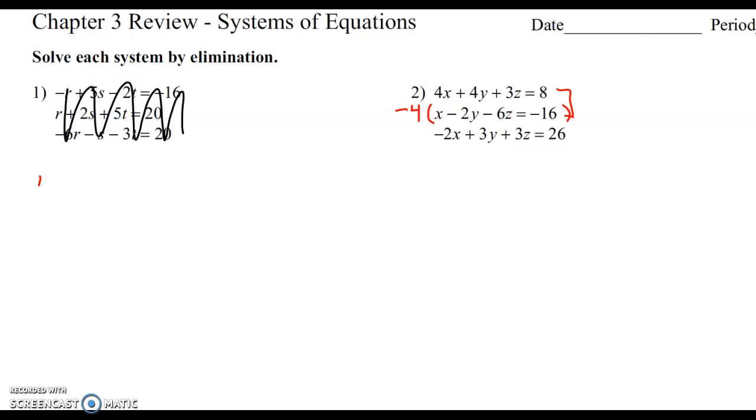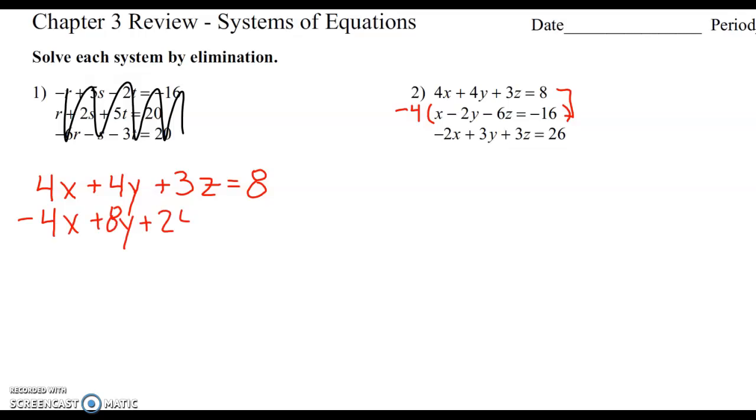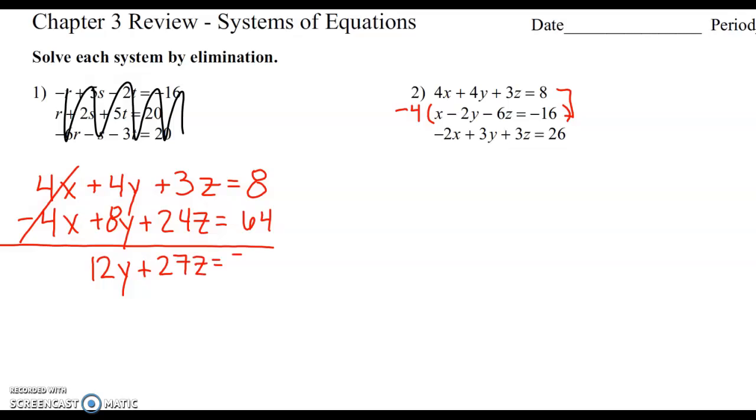So that keeps the first one: 4x plus 4y plus 3z equals 8. Second one becomes negative 4x plus 8y plus 24z equals 64. Add them up. We've got 12y plus 27z equals 72.